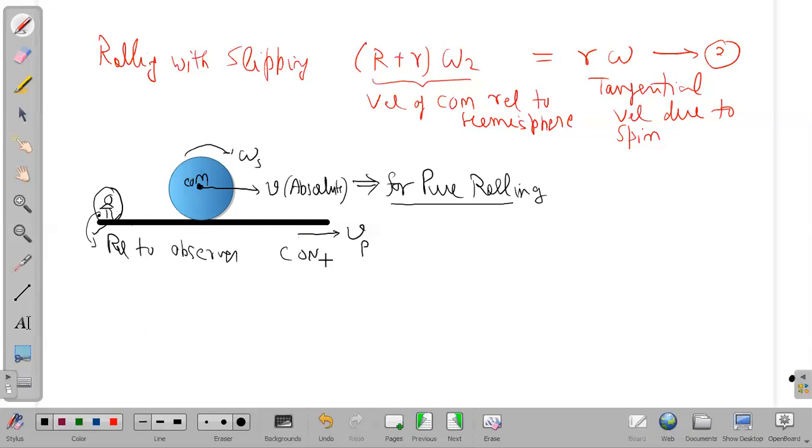The center of mass is moving with velocity v minus vp, and that velocity has to be small r into omega, where small r is the radius of the sphere.